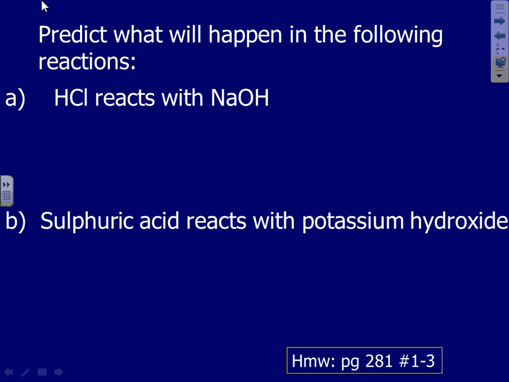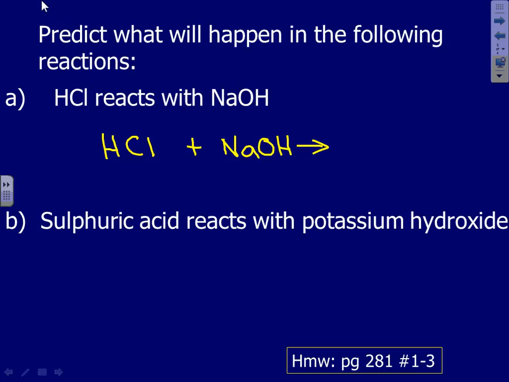What are the products that are in that flask right now? So I've got an HCl, and I've got an NaOH, and it's going to do a double displacement. I guess my question is, what is the salt? What compound is the salt?